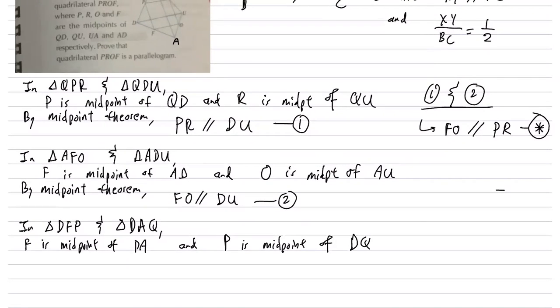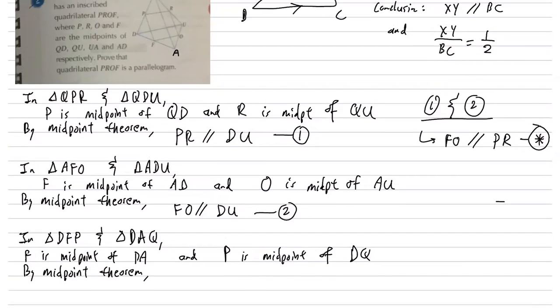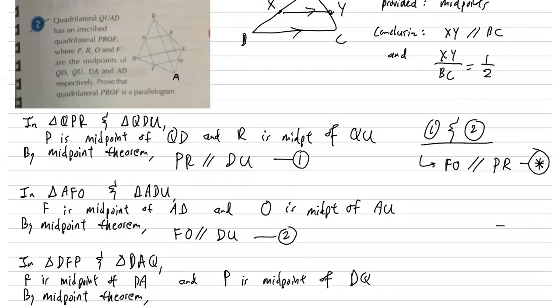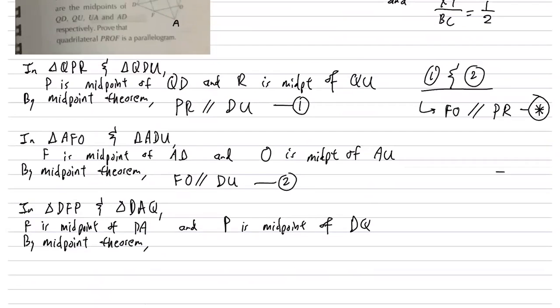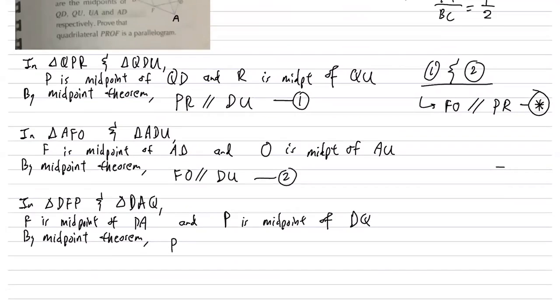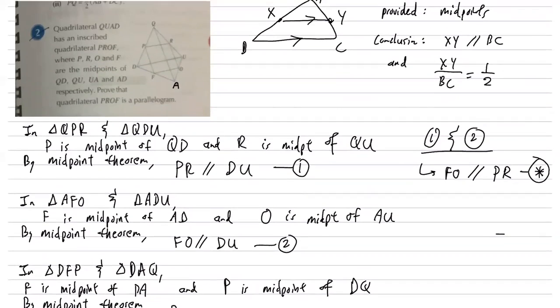So again, we can conclude by the midpoint theorem that PF is parallel to QA, right? Sorry, PF parallel to QA.